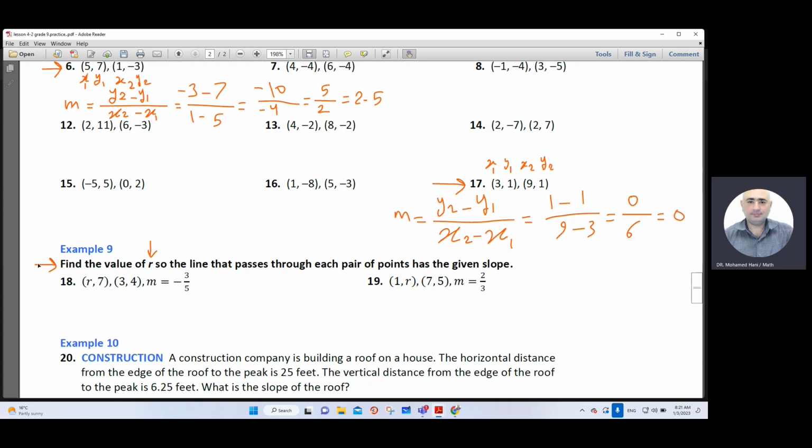How to find the value of r here? So start from the same rule. Write the rule of the slope, m equals y2 minus y1 over x2 minus x1. Then substitute.